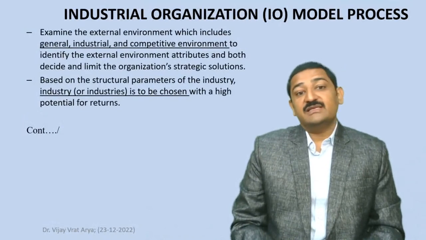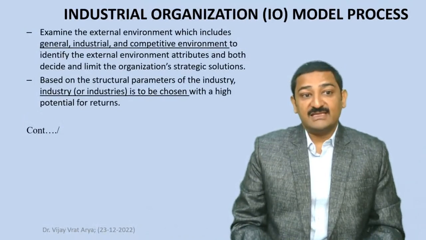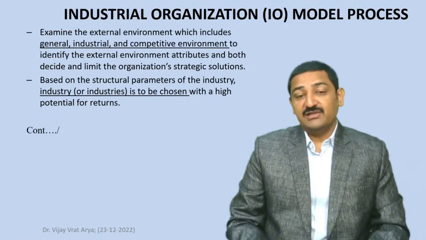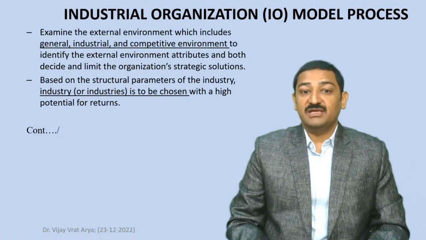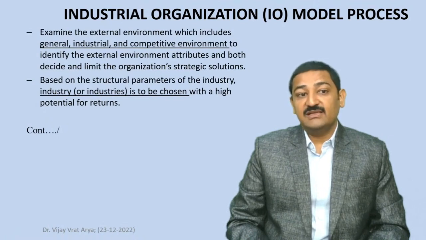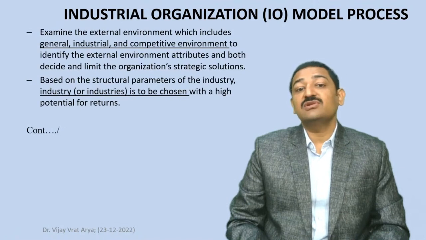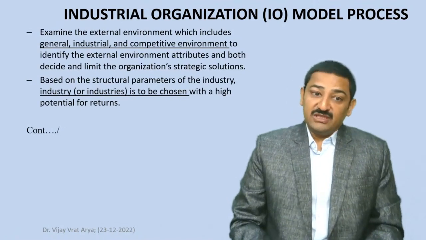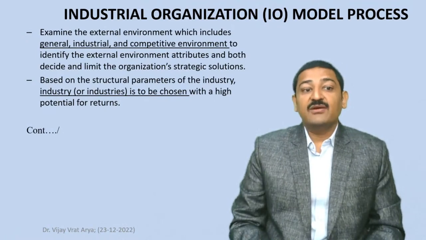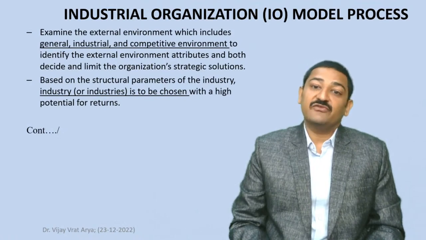So in this particular case, this IO model process examines the external environment, which includes the general, industrial, and competitive environment, to identify the external environment attributes and decide the limits of the organization's strategy solutions based on the structural parameters of the industry or industries to be chosen with a high potential of returns.